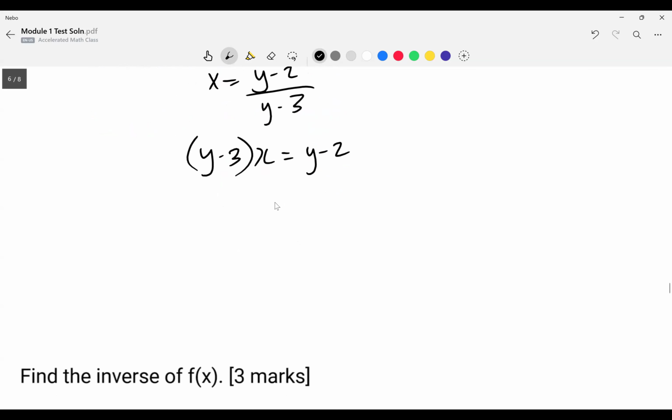We're going to have xy minus 3x equal y minus 2.